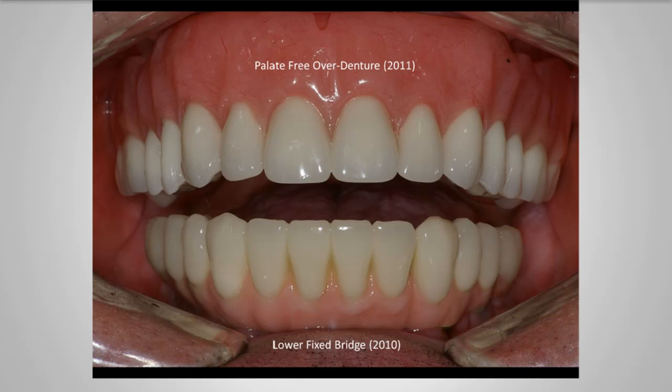So in 2011, this is the palate-free overdenture that we delivered, and in the lower arch we have the FP3 bridge. Now, the patient is instructed to use a water pick to keep this area clean and to maintain this lower bridge. He is also instructed to come into the office every 4 months for a cleaning.